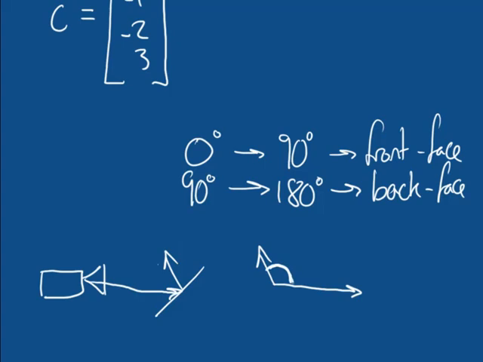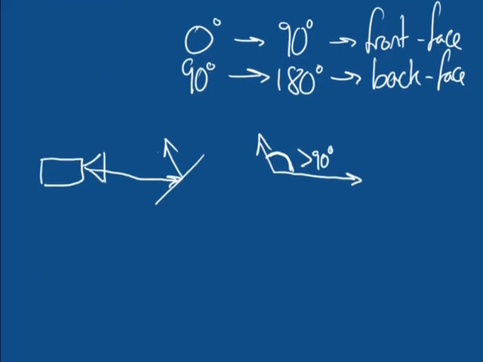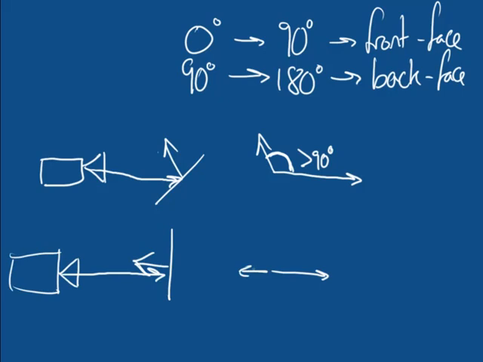The angle is actually going to be greater than 90 degrees all the time we're looking at the front face, because if we go through the same process from before, we have our surface normal pointing directly at the camera. Our camera vector is going to be pointing in the opposite direction. The angle between those two vectors is 180 degrees.